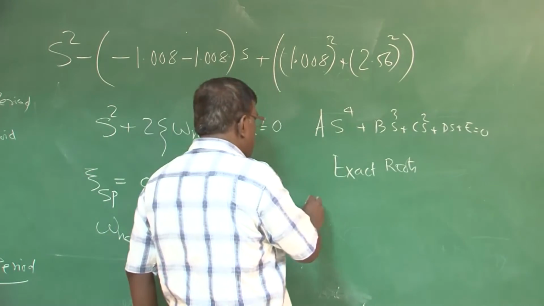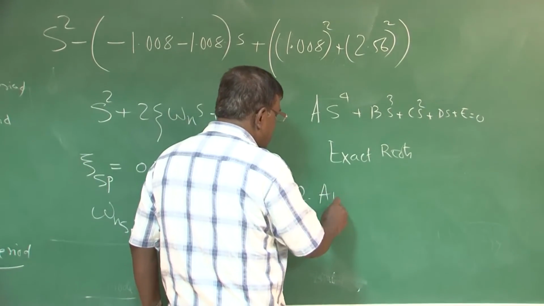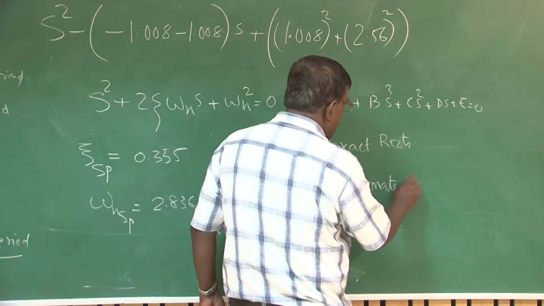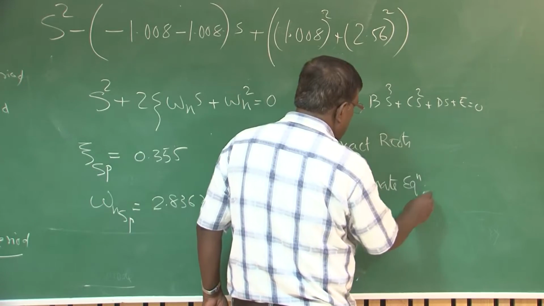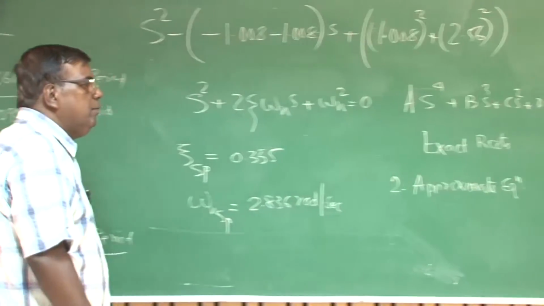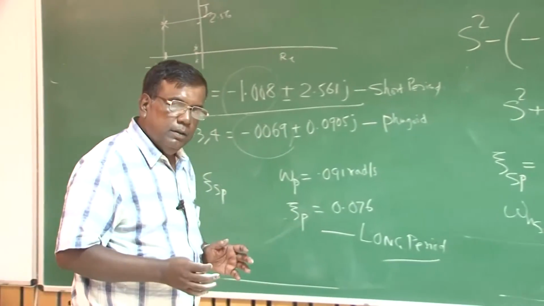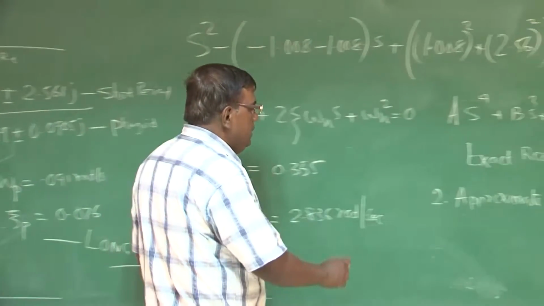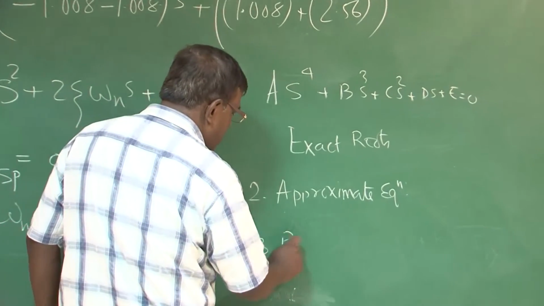Right. Next step we will come to approximate equations, okay, and from there we will get again the meaning of short period and phugoid mode through approximation. That will be simpler. Okay. And finally, we will compare them with the pure pitch solution.